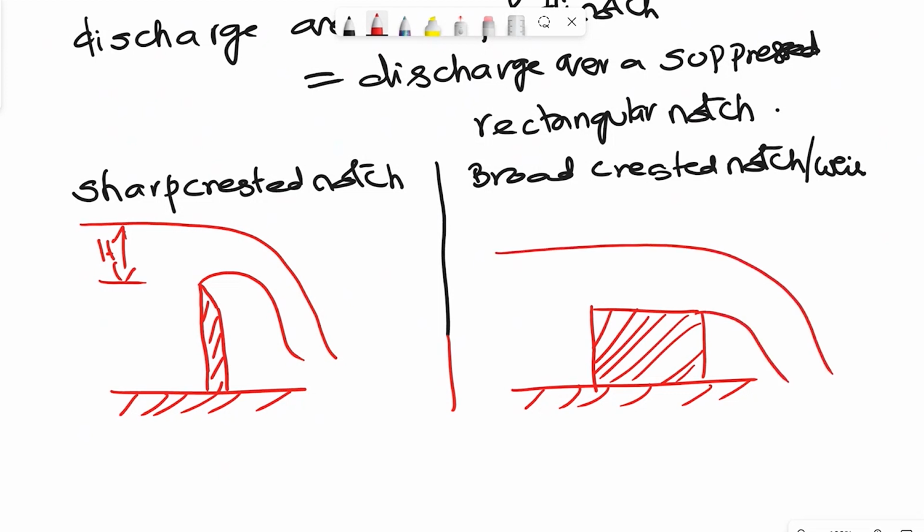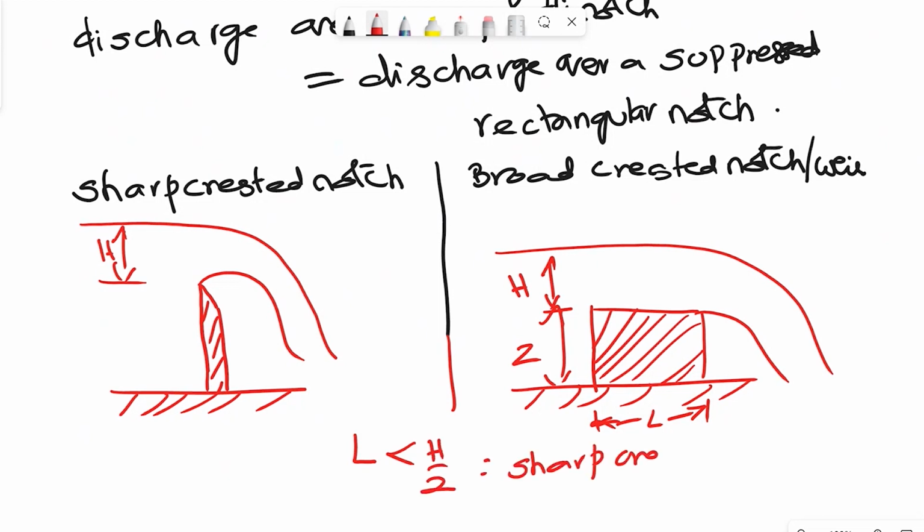This is how it is going to be in the case of a broad crested notch, where it will have a height z and it will have a length L. But if you take this as H, L less than H by 2 we call a sharp crest, and L greater than H by 2 we call a broad crest. So this is one of the things that you should remember.